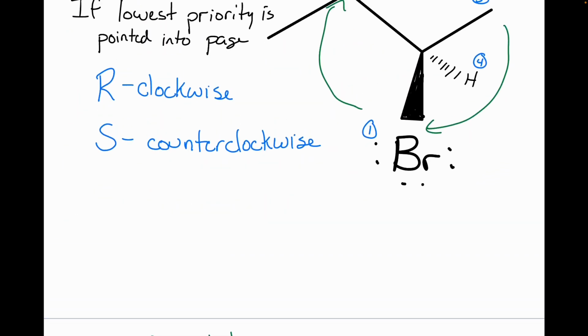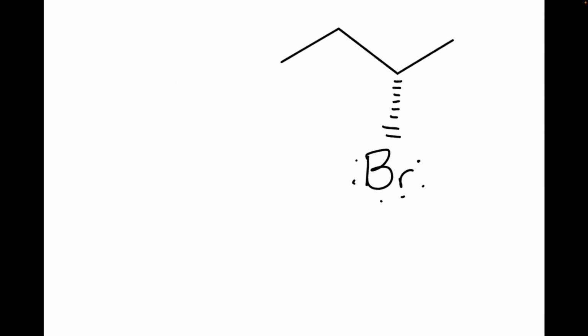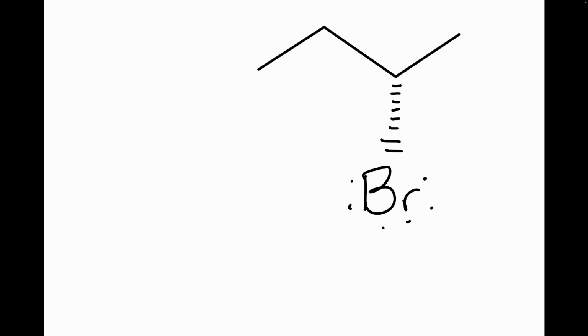If I don't change my bonds, I'm going to assign my priorities the same. The only difference is that in this molecule, there's a hydrogen sticking out at us on a wedge. My priorities are the same.